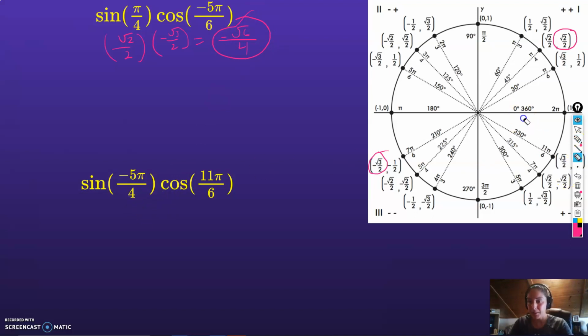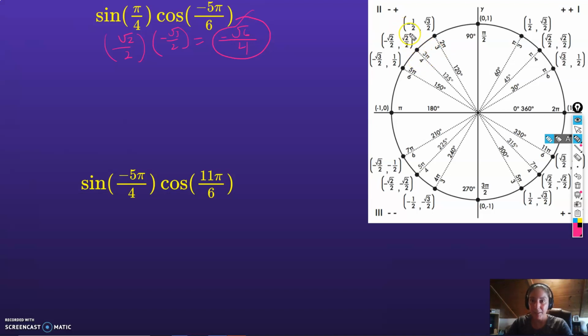All right, what about sine of negative 5 pi over 4? Let's erase these marks that I have here. Sine of negative 5 pi over 4. So let's count backwards again. Negative pi over 6, negative pi over 4, negative pi over 3, negative pi over 2, negative 2 pi over 3, negative 3 pi over 4, negative 5 pi over 6, negative pi, negative 7 pi over 6, negative 5 pi over 4 would be here.